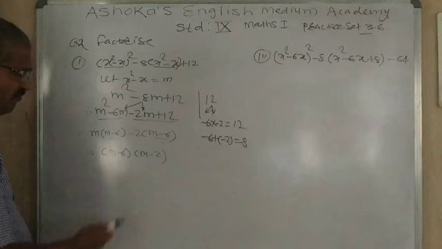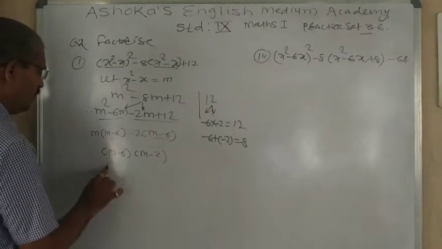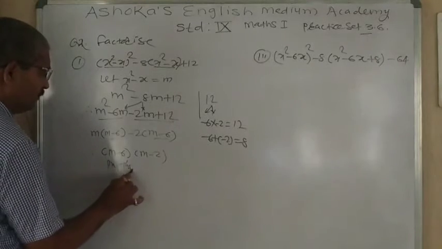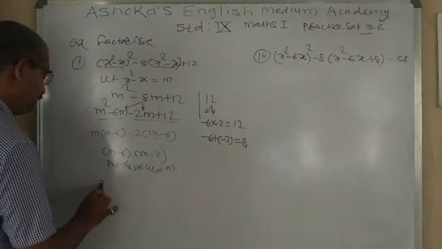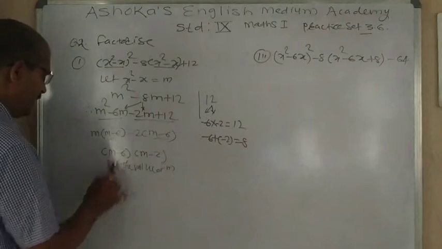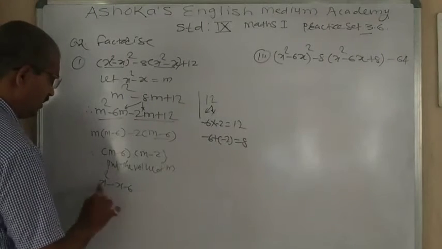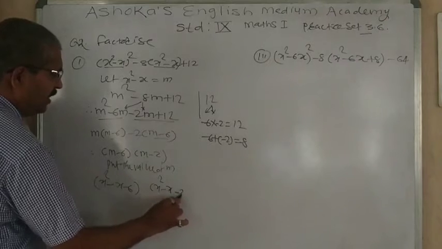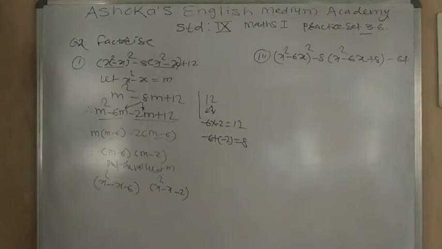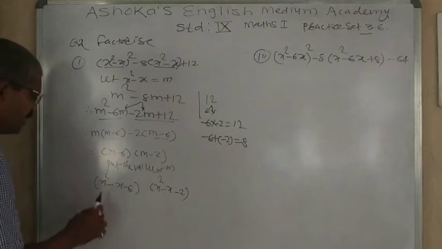These are the factors. But we have to put the value of m. x square minus x minus 6 in one bracket and x square minus x minus 2 in another bracket. Can we split this? Yes, here it is also possible.